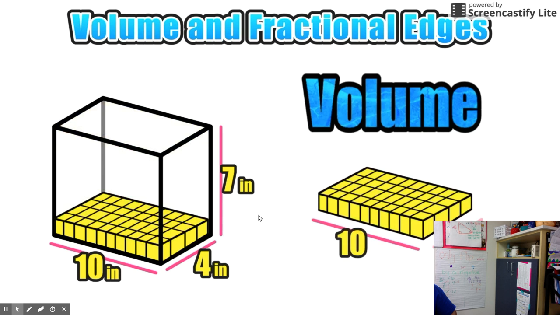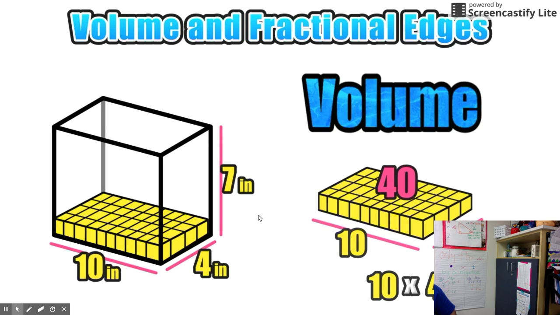To fill this bottom layer, we would need 10 cubes along the length and 4 cubes along the width. So basically, we would have 4 rows of 10 1 inch unit cubes. So to figure out the total number of 1 inch unit cubes to cover this bottom layer, we can just multiply 10 times 4, and our product is 40. So we have 40 cubes comprising this bottom layer of the rectangular prism.